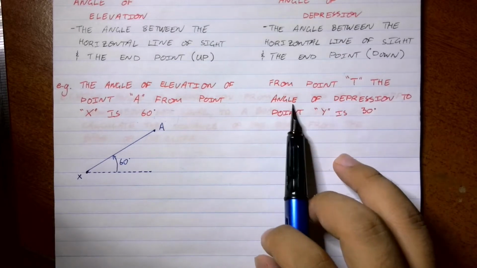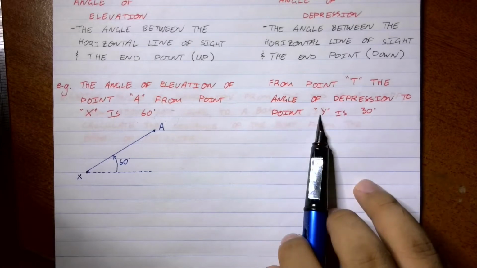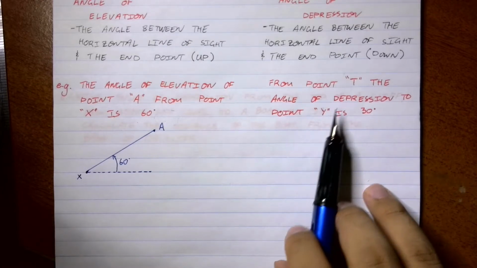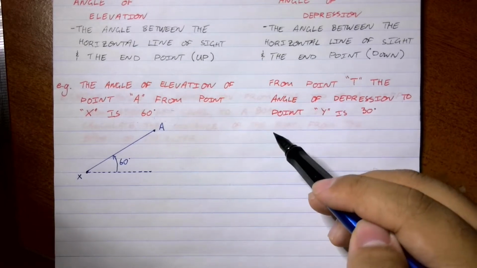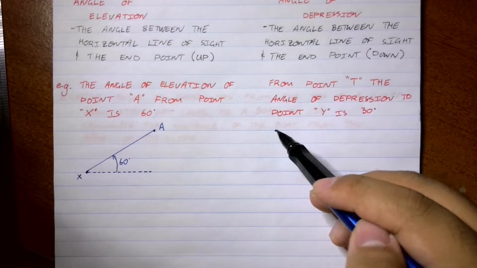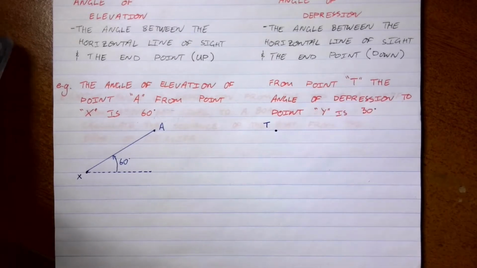Since we know it's the angle of depression, point Y must be below point T. Meaning point T might be up here. That is point T. So from point T up top like that.